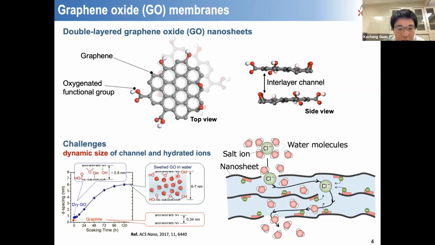The interlayer channel size can be expanded to several nanometers, which is obviously not suitable for the separation of sub-nanometer sized ions. So in order to fabricate this stacked multi-layered graphene oxide membrane for the successful rejection of salt ions, we should limit the expanding of the interlayer spacing.